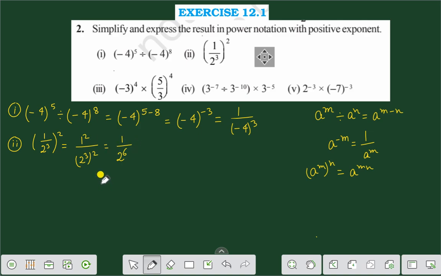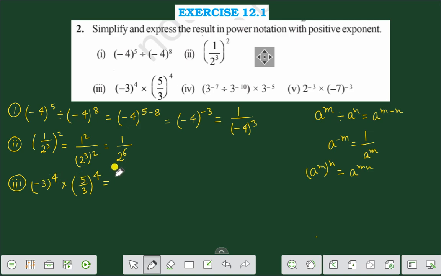Now we shall solve question number 3. Question number 3 is (-3)^4 into (5 by 3)^4, right?